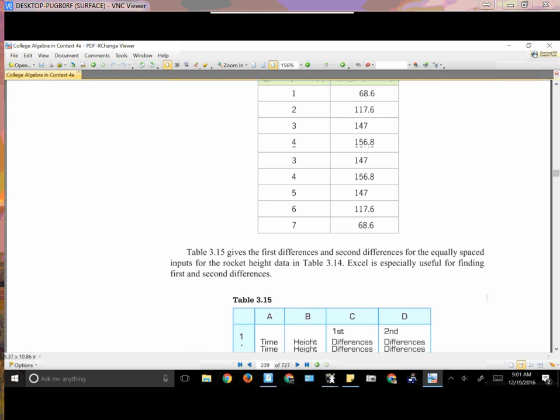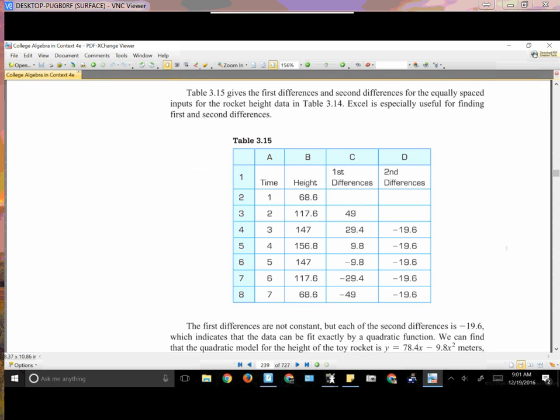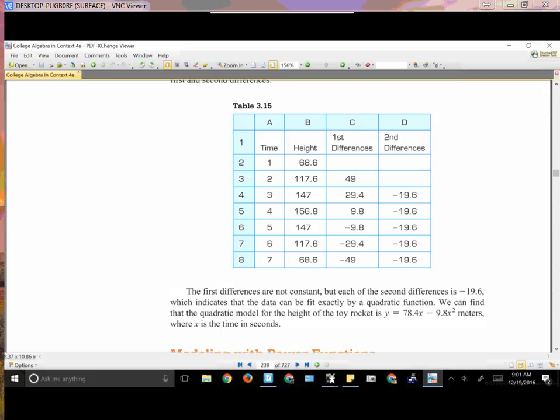So if I take a look at this, and they use a spreadsheet to calculate this. So a time index, 1, 2, 3, 4, 5, and 6, is going up by the same amount. The height. First difference is 49. So the difference between these two is 49. Then it goes to 29. Then it goes to 9. Then it goes to negative 9, negative 29, negative 49.